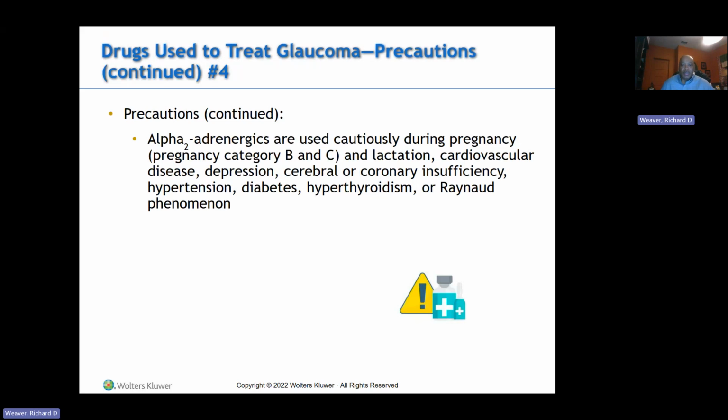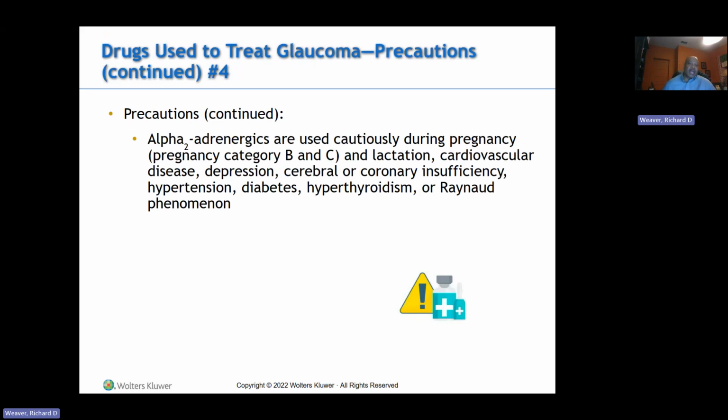The other drug, apraclonidine, is a pregnancy category C. So that gets a little worse in that instance, and you have to be a little careful administering this drug with a pregnant person, and also in lactation.